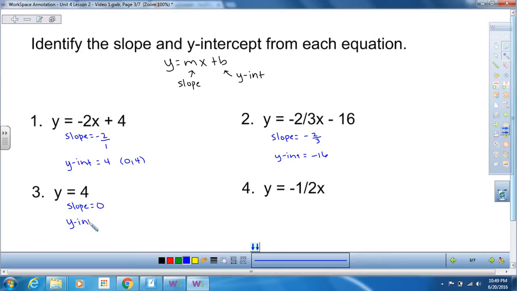My y-intercept is 4. Okay, on 4, we have the x, so we have the slope. What we don't have is a y-intercept, so our y-intercept is 0. Okay, moving on.